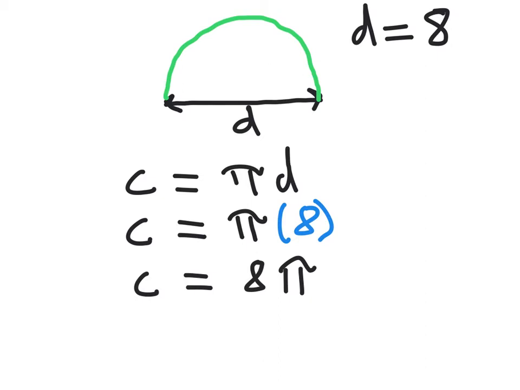Now the important thing here is to find that green length, which I'm going to call L. That green length depends on how much of the circle we have. A semicircle is half of the full circle, so this arc length around the outside, this L, is just going to be equal to a half of the circumference, or we could write that as C over 2. So we just need to divide the circumference by 2, and that will tell us what that curved length is.